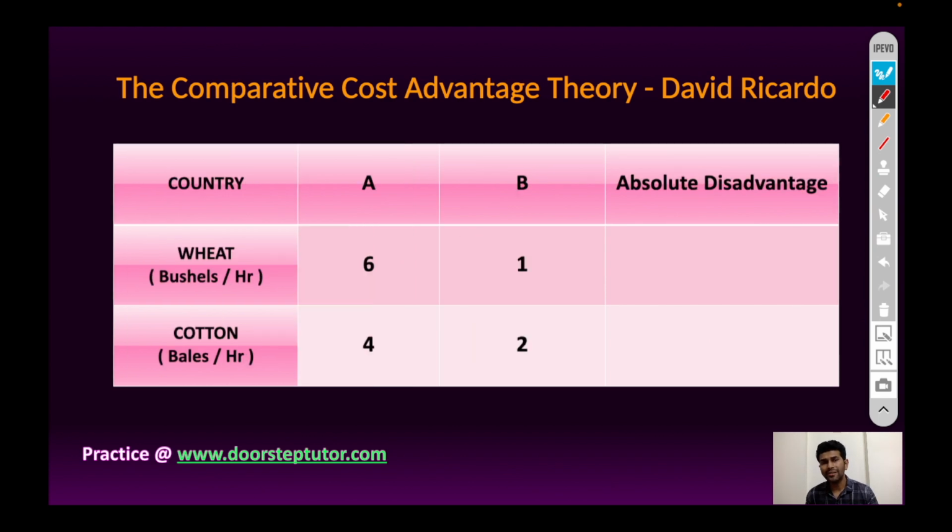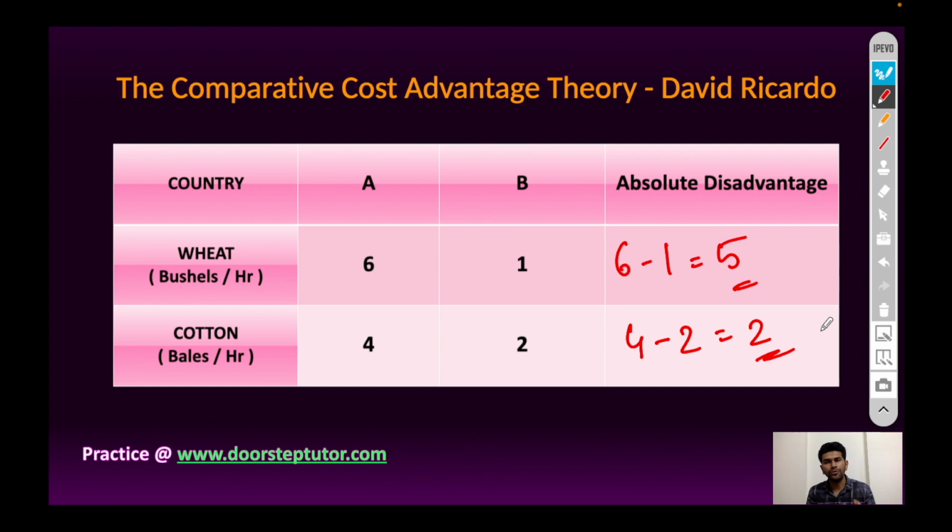According to this theory, country B will produce and export that commodity in which it has the least absolute disadvantage. Absolute disadvantage means the difference between the commodity produced by country A and country B, that is 6 minus 1, 5. B has an absolute disadvantage of 5 bushels per hour of wheat, and the absolute disadvantage for cotton will be 4 minus 2 equals 2.